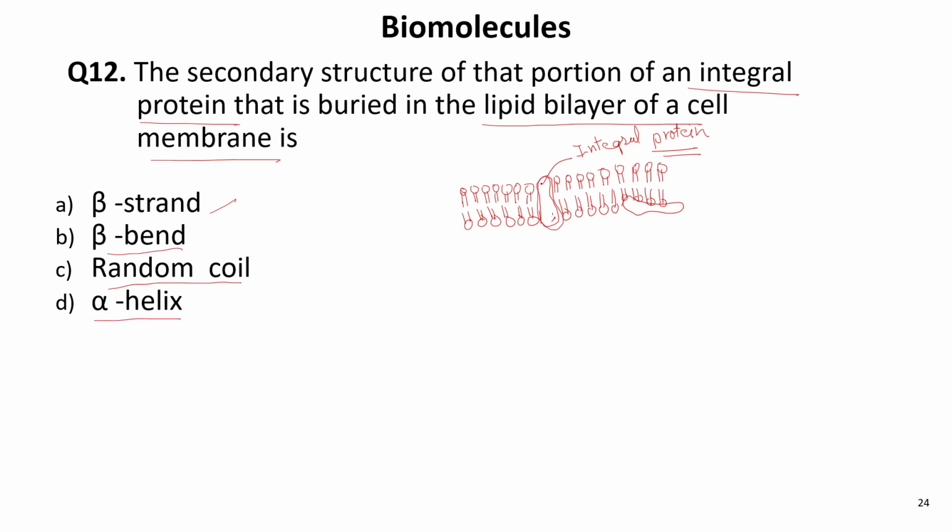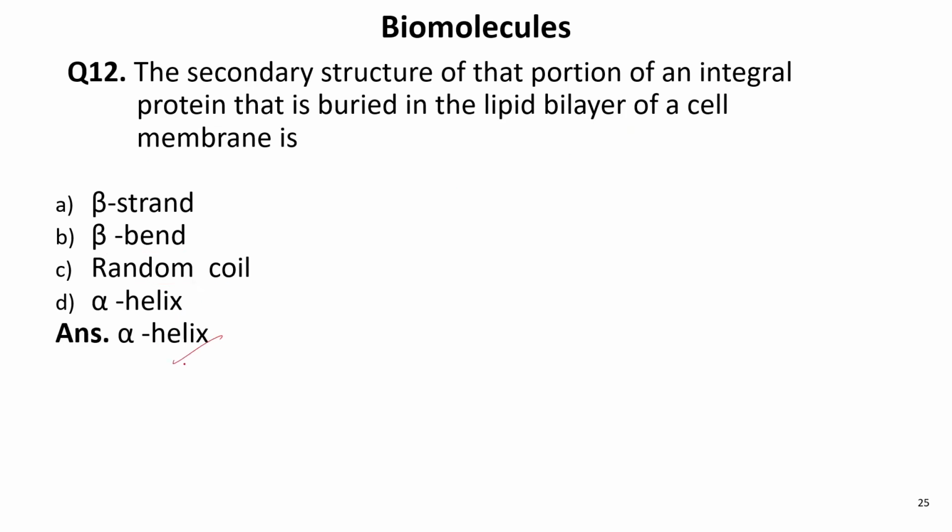This particular secondary structure has a helical structure, and this is the alpha helix structure. So the secondary structure of that portion of the integral protein, not the outer portion, that is buried in the lipid bilayer, is the alpha helix structure. So option D is the correct one.